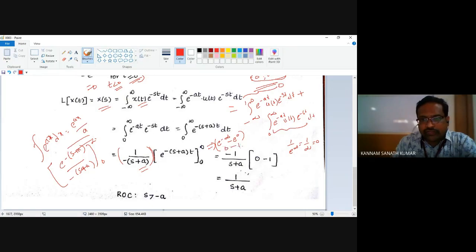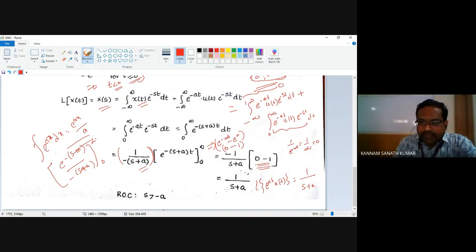And e^0 is 1. So 0 minus 1, and minus into minus gives plus, so you get 1 by (s+a). That means the Laplace transform of e^(-at) u(t) equals 1 by (s+a).